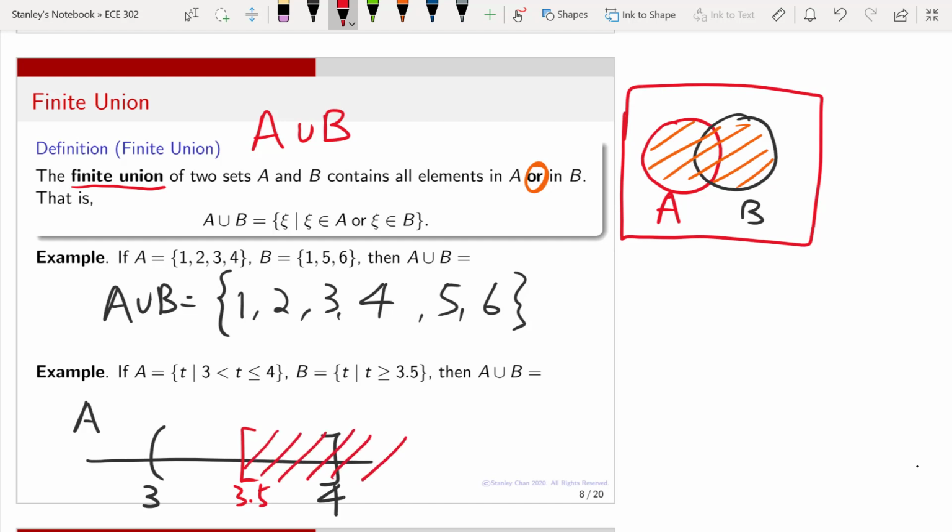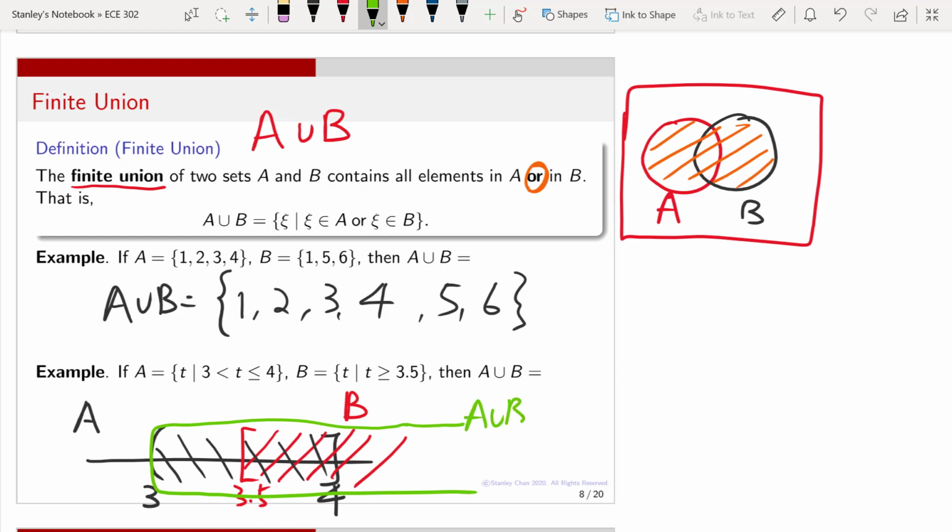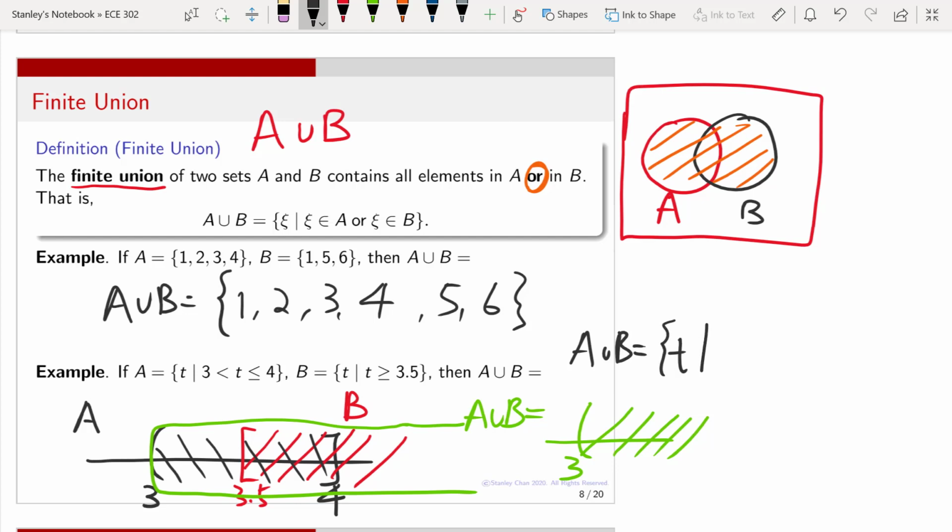Here is your B, and here is your A, and we want to find the union of A and B, which would be the set that contains everything that's in A and B. So this A union B would be the set that goes from 3 all the way to infinity, that is, the set that contains all the t such that t is bigger than 3.